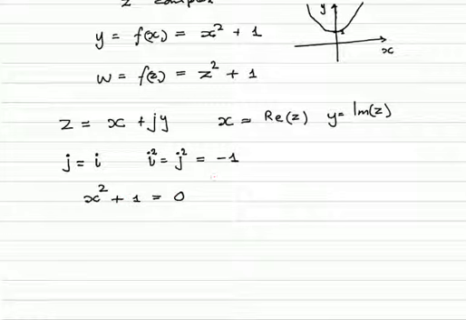But now, since j squared is equal to minus 1, this equation has a solution after the introduction of complex numbers.